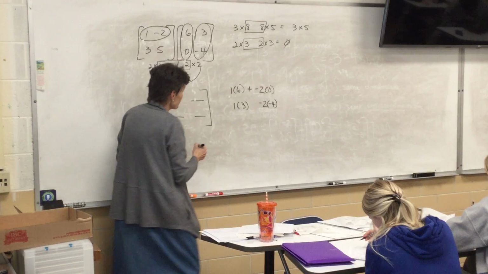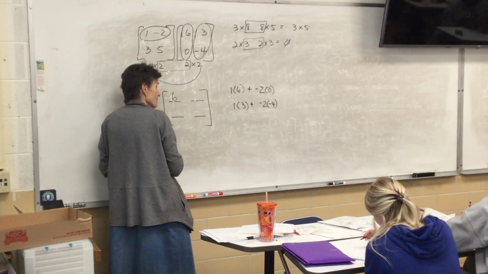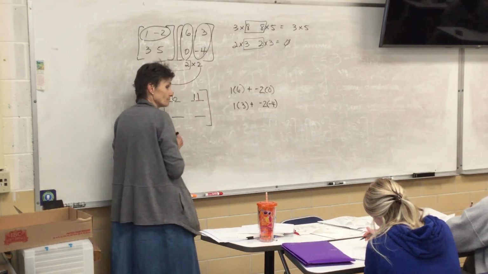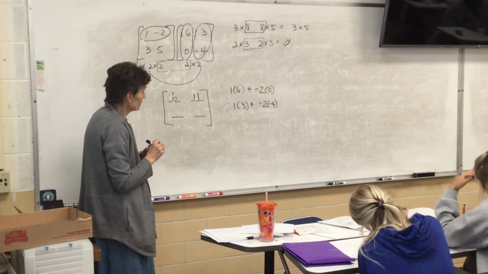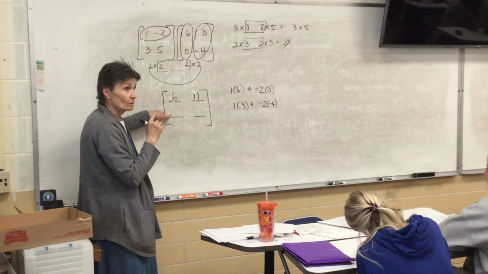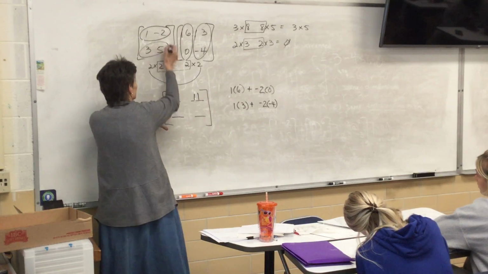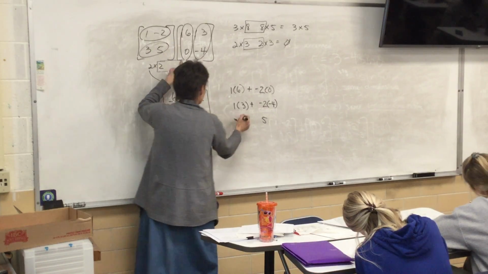So multiply each pair and add them up. Looks like that number's going to be 11. Well, you know where this is going. Now I'm going to go to row 2, column 1.